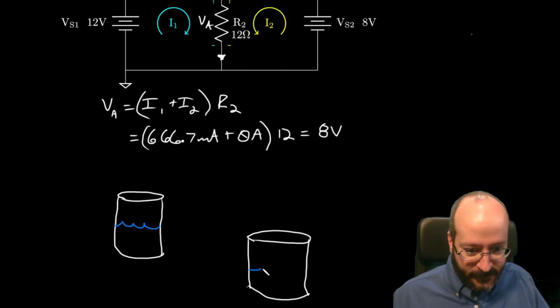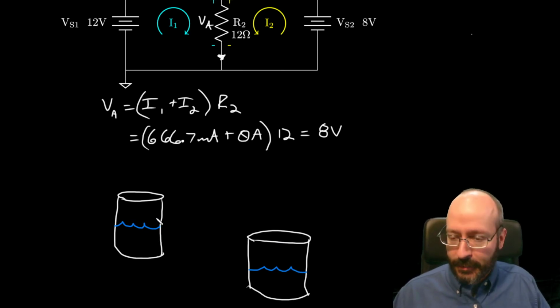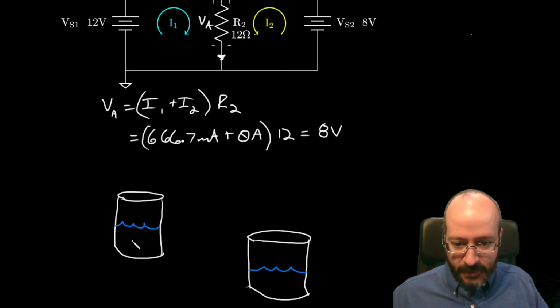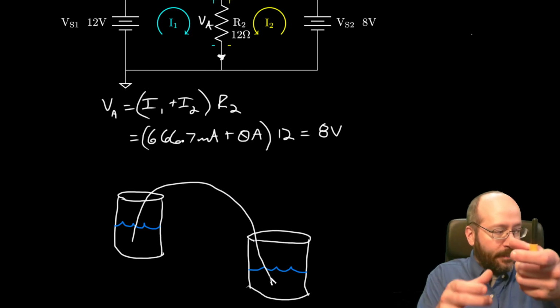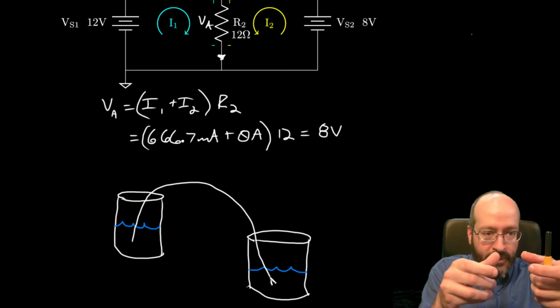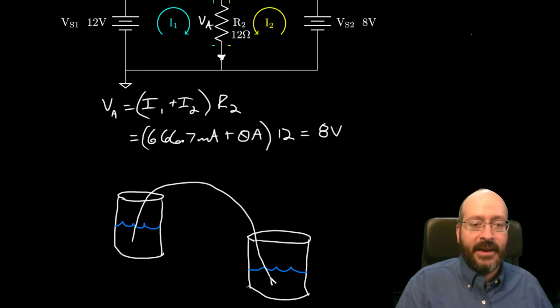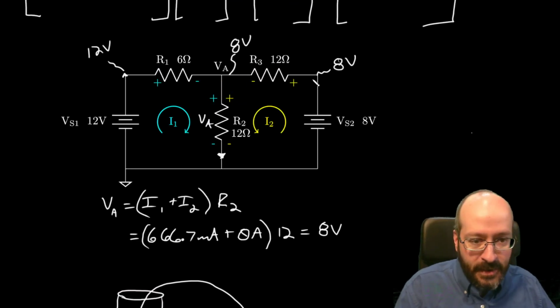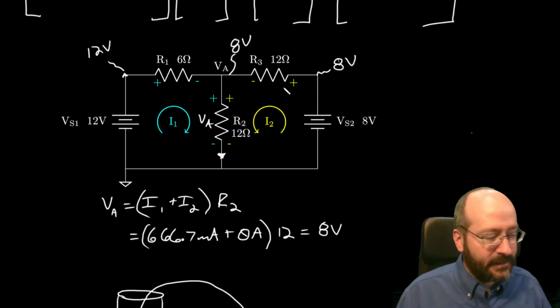I told you I was going to draw. I'm regretting it already. Okay, and we take a tube of some sort. Let's just make it a white tube, right? And we put the tube from here into here. Now, if I hold the two cups level, there's no difference in potential energy, and there's going to be no flow through that tube. In order to get any flow, I have to create a difference in potential energy. And that's what's happening here. There's no difference in potential energy, so there's going to be no flow of current through that resistor.